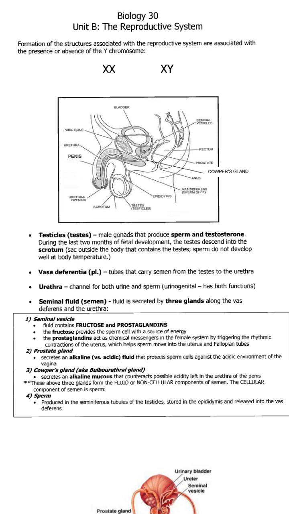So two X chromosomes or an X and a Y chromosome are going to determine the structures that form in utero. It's this Y chromosome in particular that has genes such as one that's called SRY or one that's called TDF, the testis determining factor. And the presence of that Y chromosome, or in some cases, the genes from that Y chromosome during a translocation maybe to an X chromosome, but again, those are rare.